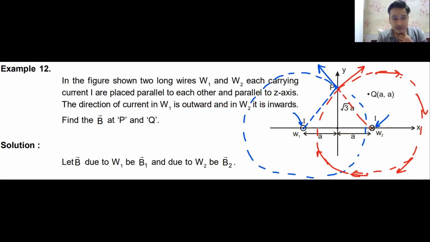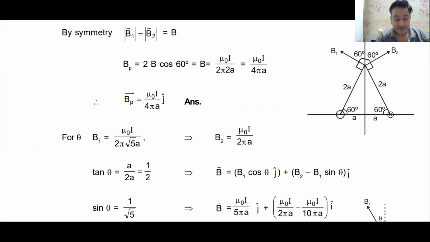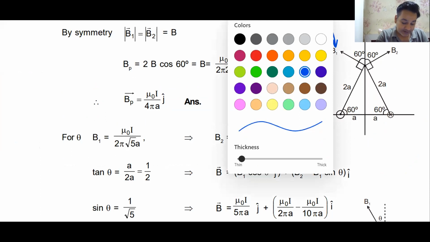Now you should be able to solve this question: mu naught I by 4 pi. As you can see here, both the magnitudes would be the same. One of the fields, the blue field, is going like this. Getting my point, bacha? And the red field is going here.